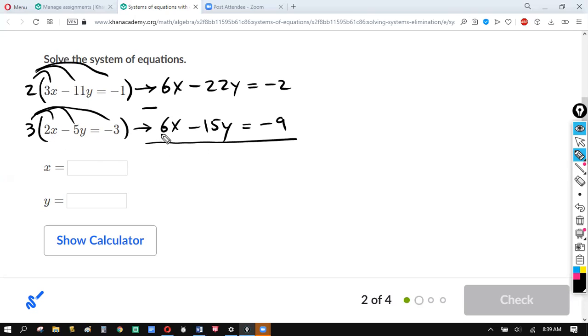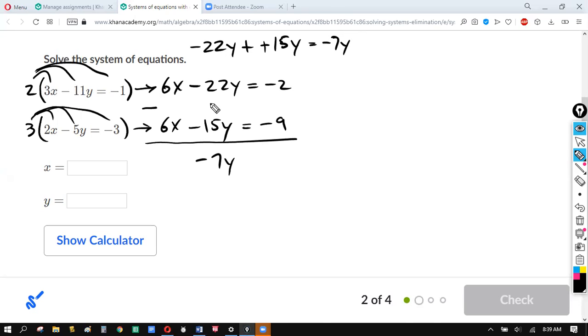It's up to you. 6x minus 6x, that's 0. And negative 22y minus negative 15y. That's the same as plus 15y, because 2 negatives in a row make a positive. So negative 22 plus 15y is negative 7y.